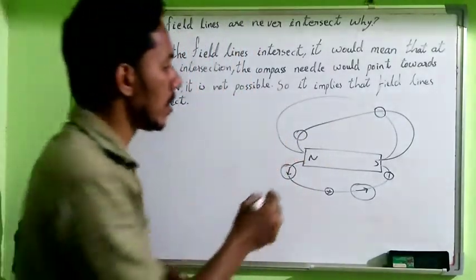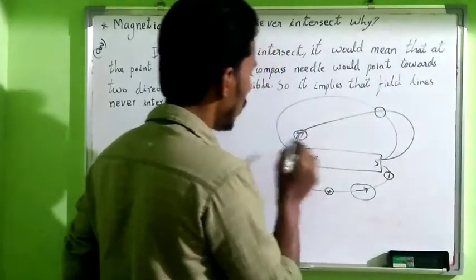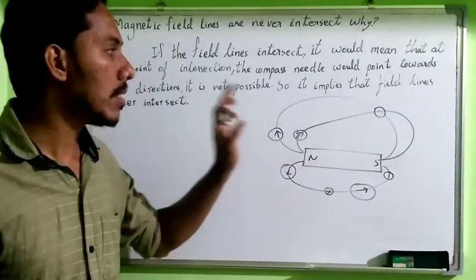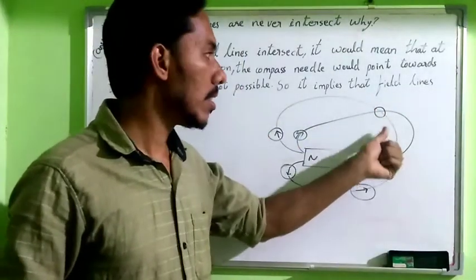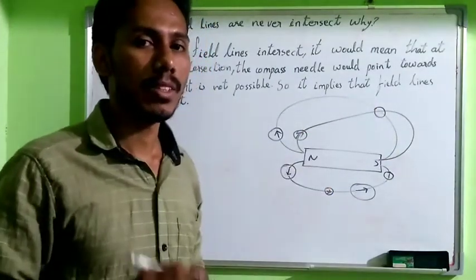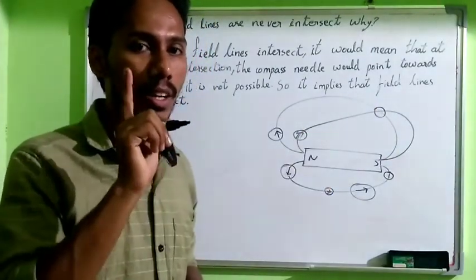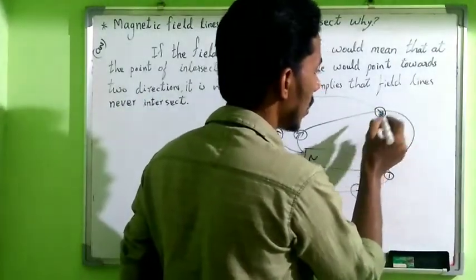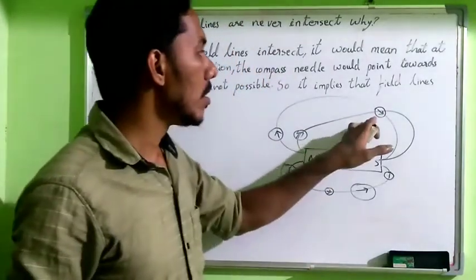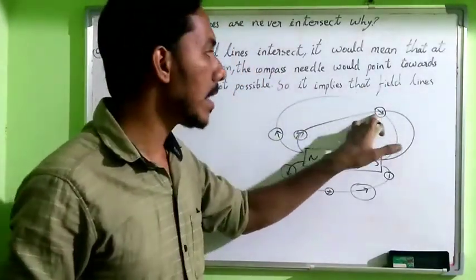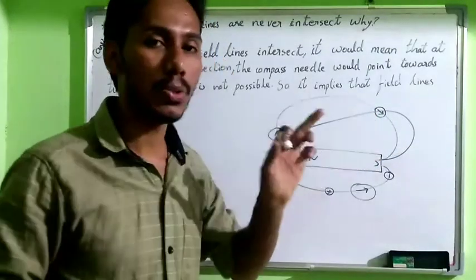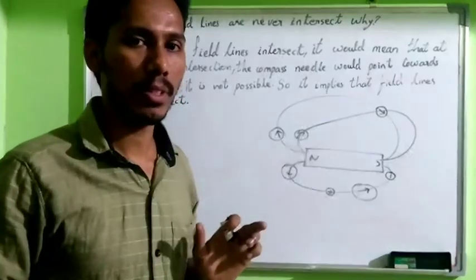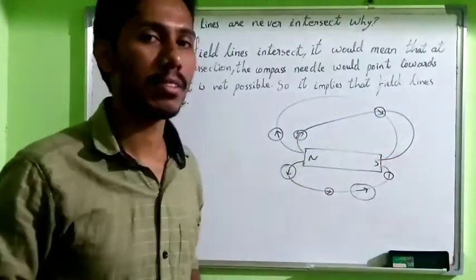Then you find that the direction is here. If you place the compass needle here, you get this direction. But in this position, the compass needle gives only one direction. If it intersected, then at that point the compass needle should give two directions, but that is not possible. The compass needle only gives this direction.